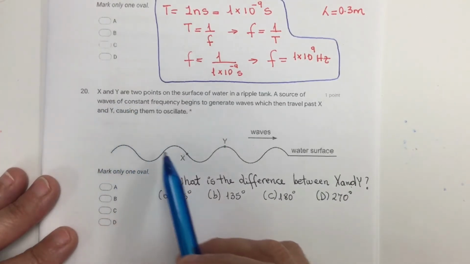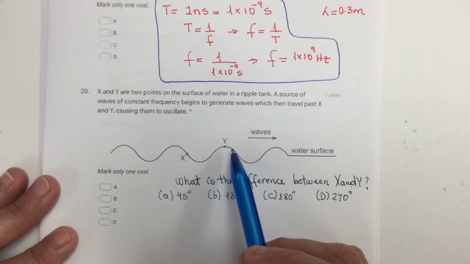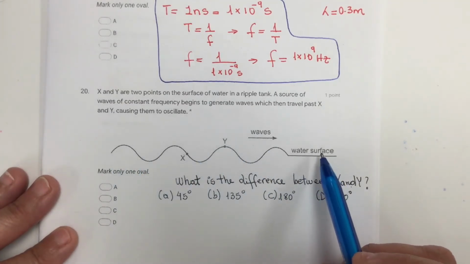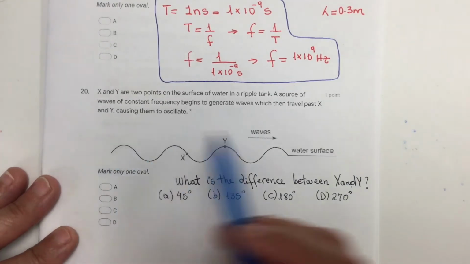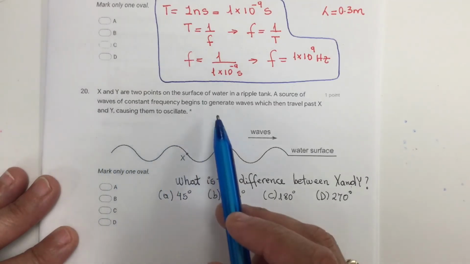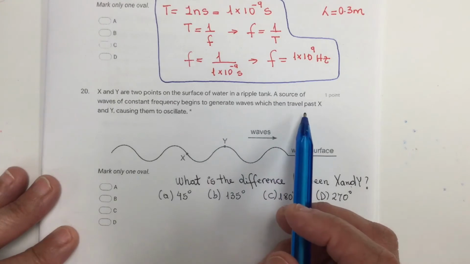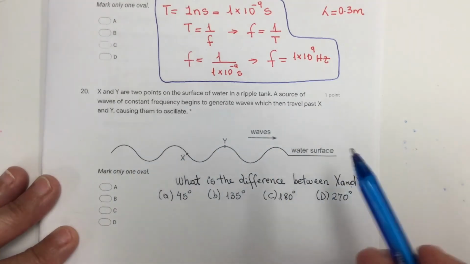X and Y are 2 points on the surface of water in a ripple tank. So that's a wave on the surface of water produced by a wave generator right here. A source of waves of constant frequency begins to generate waves, which then travel past X and Y, causing them to oscillate.